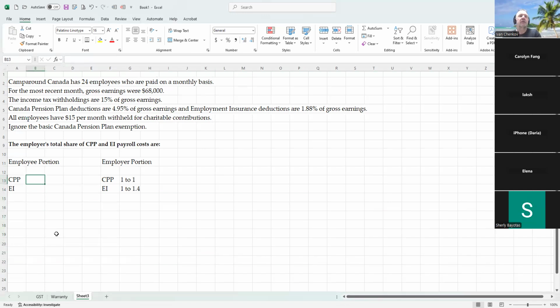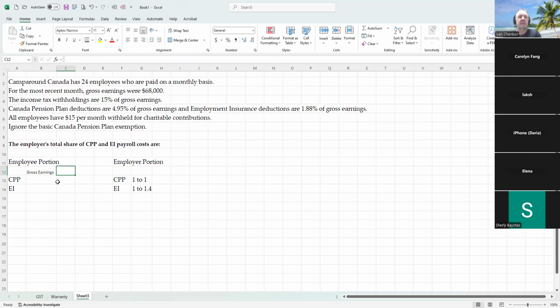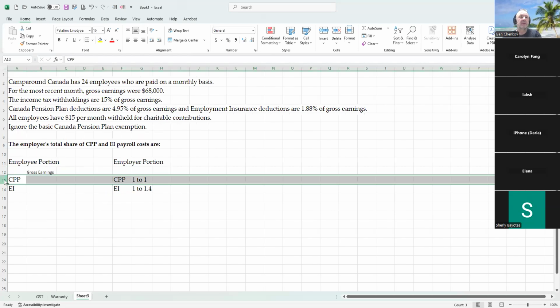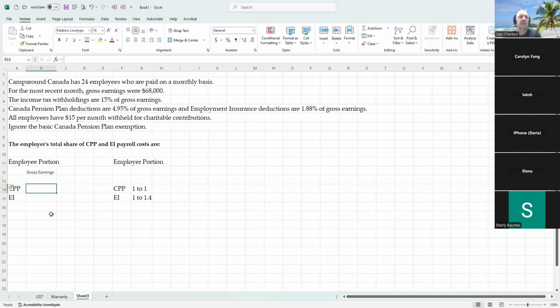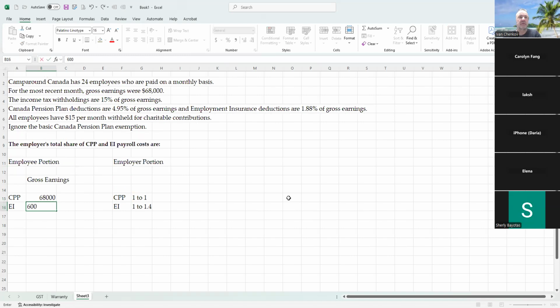So how are we going to calculate the Canada pension plan? We have our gross earnings, which will be 68,000.